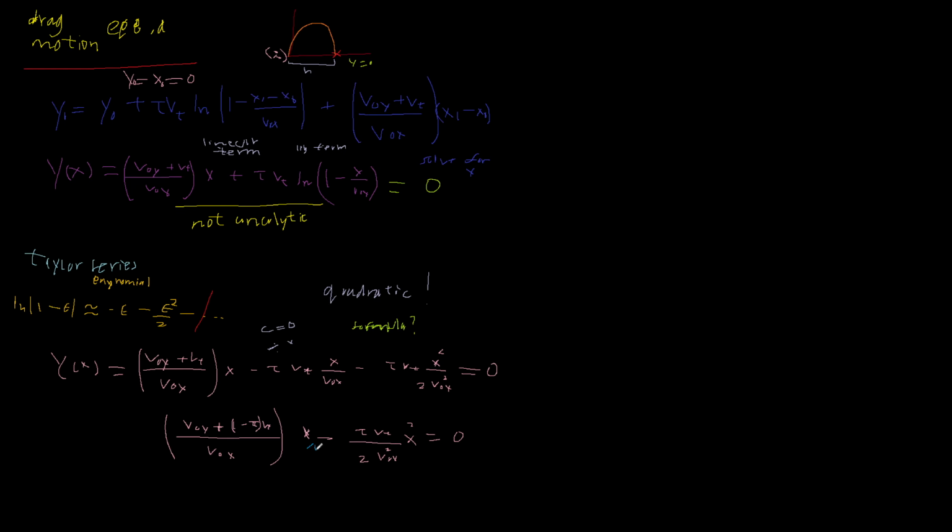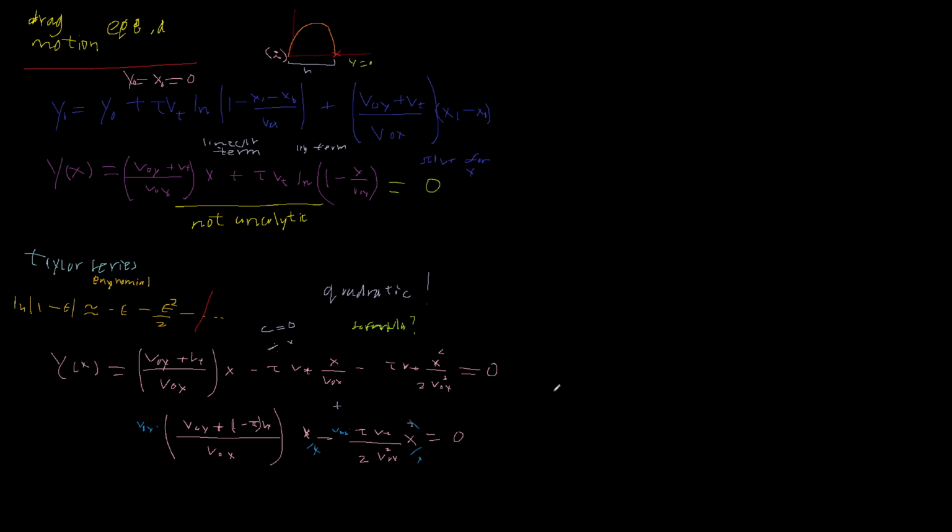I'm going to divide by x here. Divide by x. It's going to cancel. And I'm going to multiply by v_ox on both sides. And I'm going to add this to the other side.